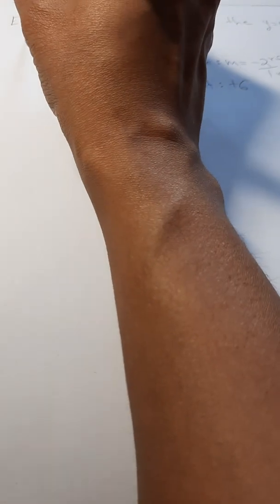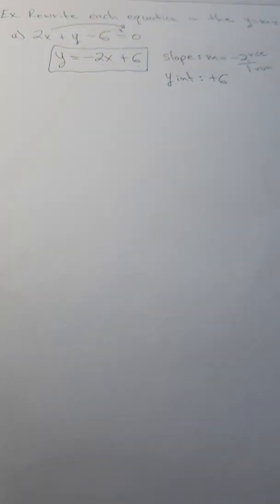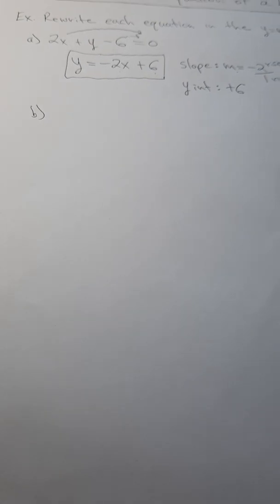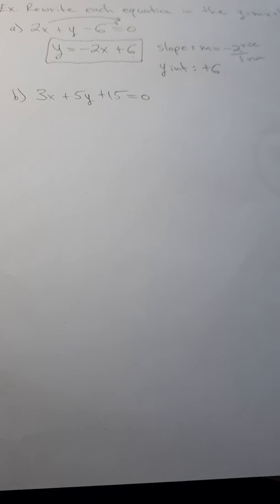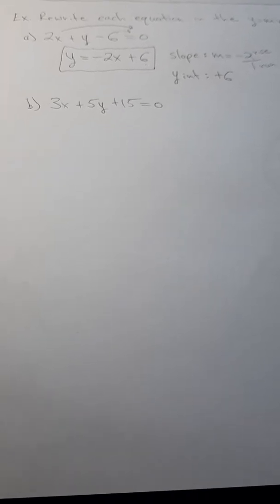So maybe let's put A. And with that, let's try one more question. I'm going to put B here. Okay, so B is given as 3x plus 5y plus 15 equals 0. So this is my equation. The same thing, wherever you see the y, I see 5y here.